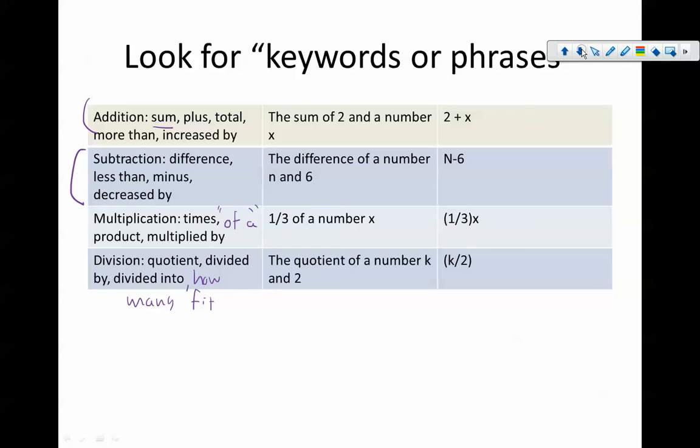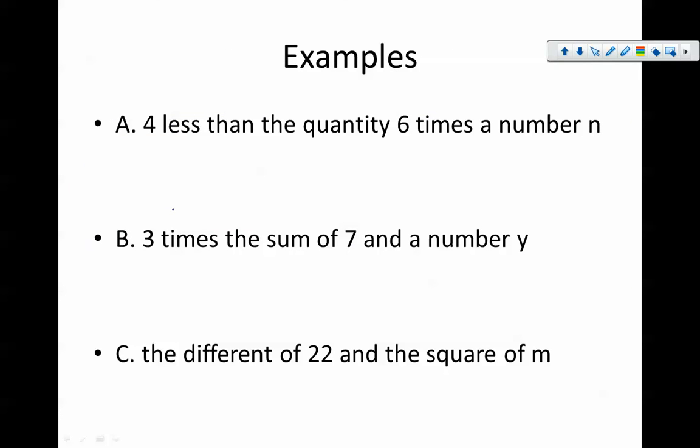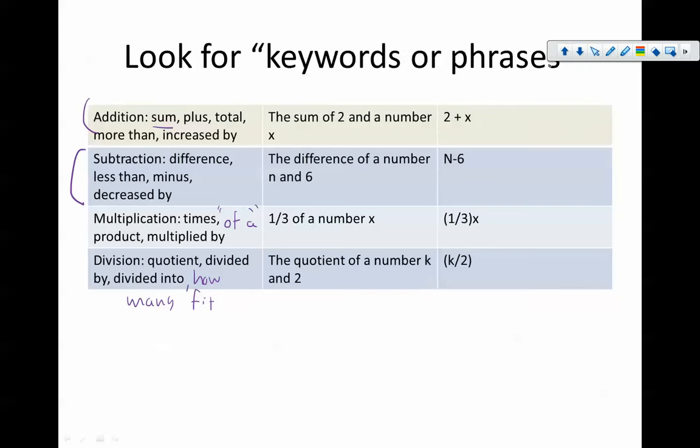Okay, so let's look at a couple examples. So part A here: 4 less than the quantity 6 times a number n. Now remember, less than like that, that's a clue that we're looking at subtraction here. Not to be confused with like when it says is less than.